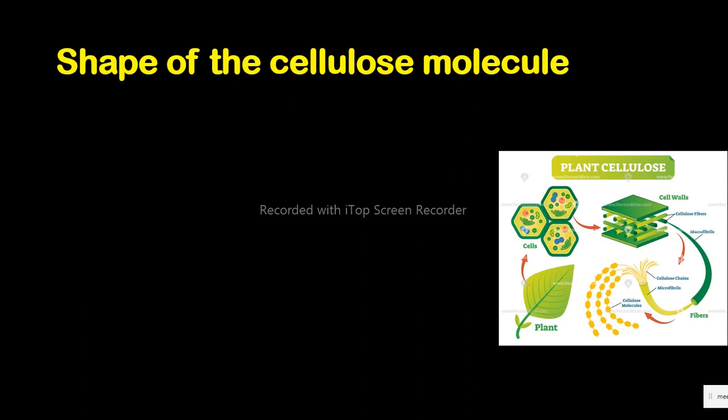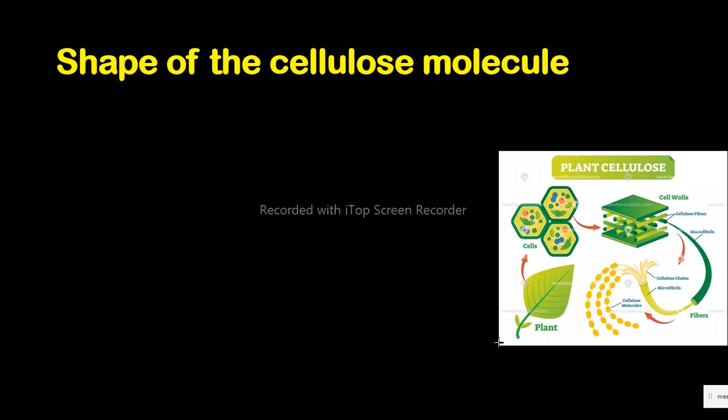So you can have a glimpse at this. You get your leaf, you extract one cell, and then you view that cell under a microscope. You just concentrate on the cell wall. This is what you see.